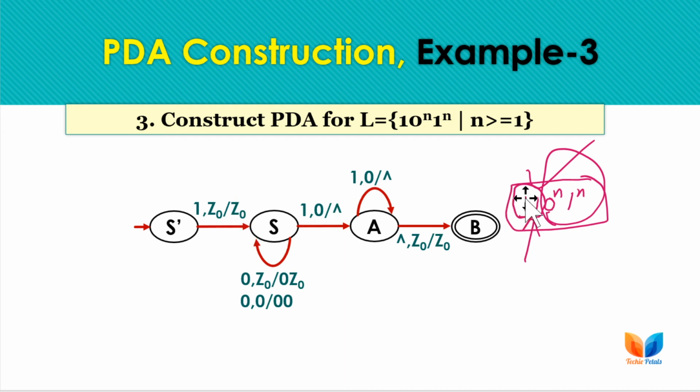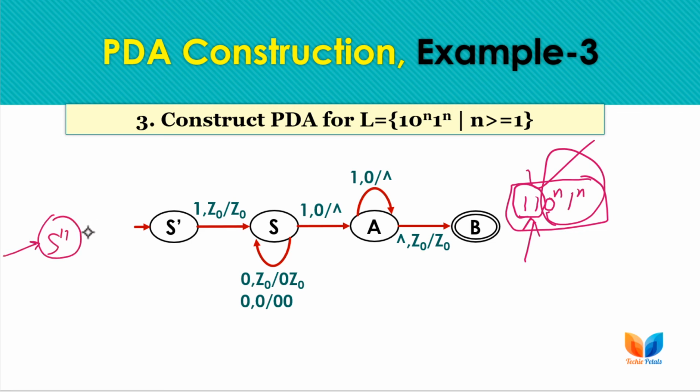But if you have double 1 or any other string, you can simply make a transition, like in a DFA. If we have two ones, you need to make two transitions, so we introduce a new state S dash.